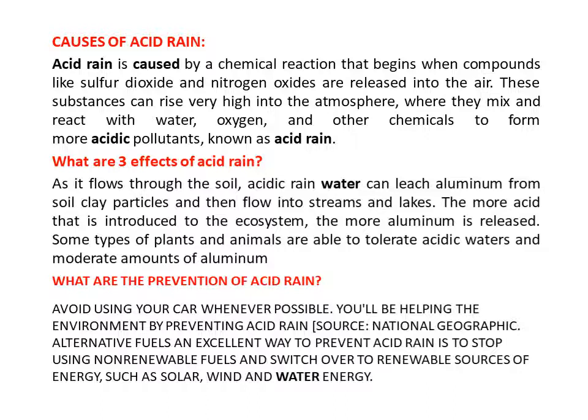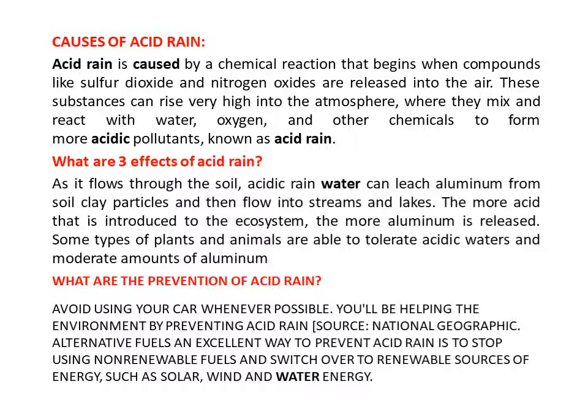What are three effects of acid rain? As it flows through the soil, acidic rainwater can leach aluminium from soil clay particles and then flow into streams and lakes.